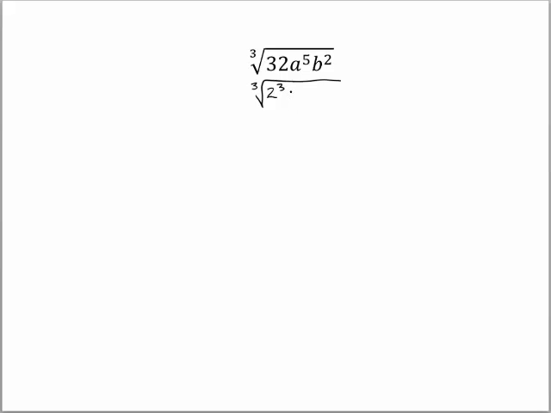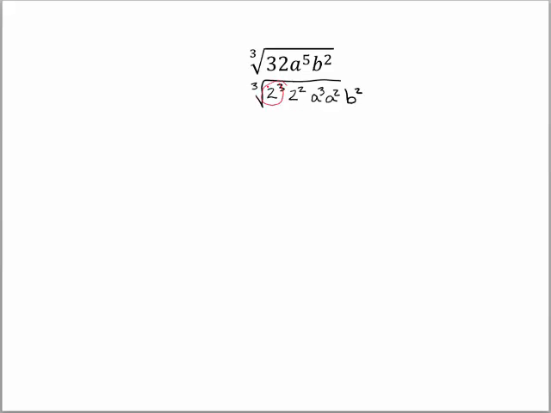So we still have 2 squared. And we have a to the 3rd and a squared, and we still carry our b squared. Okay, we take out what we can.